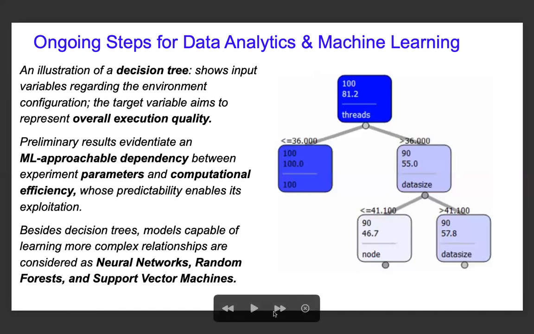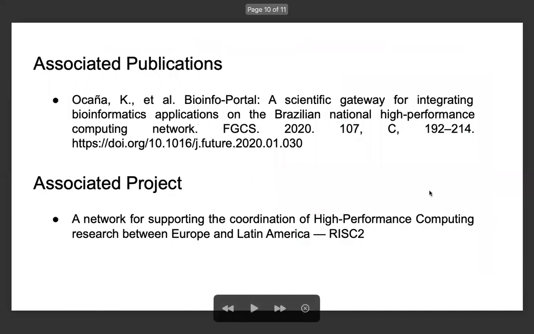Then we are going to use this type of information to develop our 5th-level MLAP, based on machine learning, for our BioInfo portal.